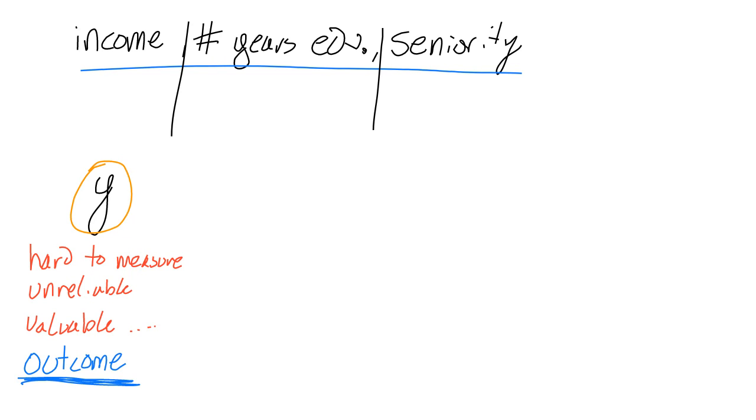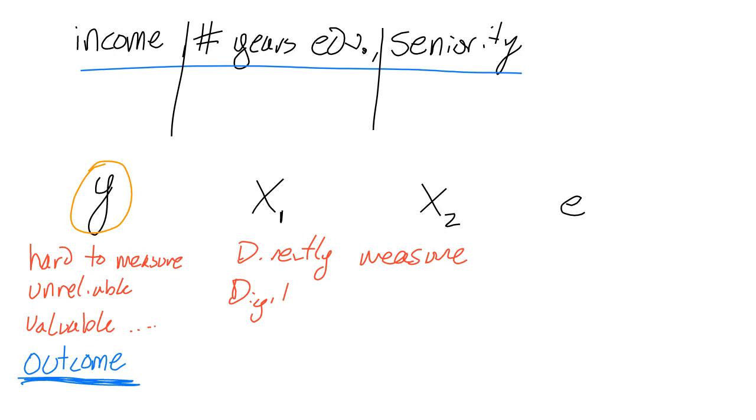And then in statistical learning, we have bits of information that we can collect, and we have information that we can't collect. We might have these as things that we directly measure. These might be digital byproducts.